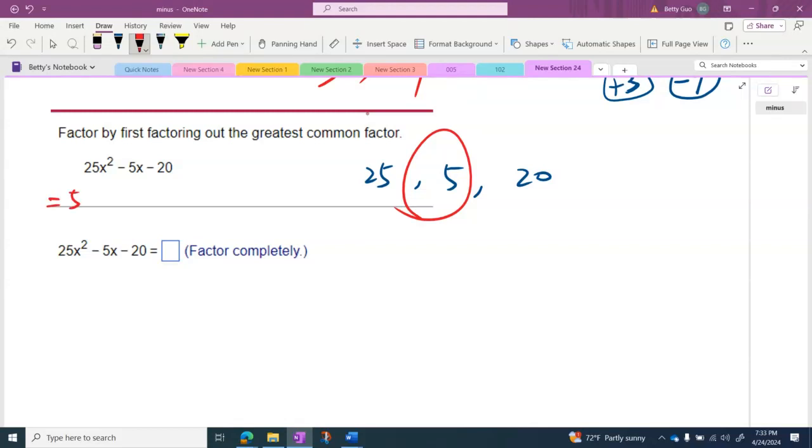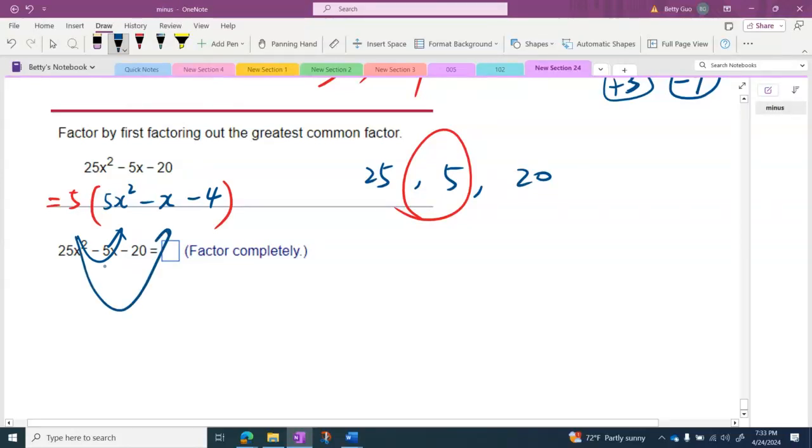So factor 5 out. Let's see what we have inside the parentheses. It's going to be 5x squared minus x minus 4. If you are not sure, double check. 5 times 5x squared, 25x squared. 5 times negative x, negative 5x. 5 times negative 4, negative 20. That's correct.